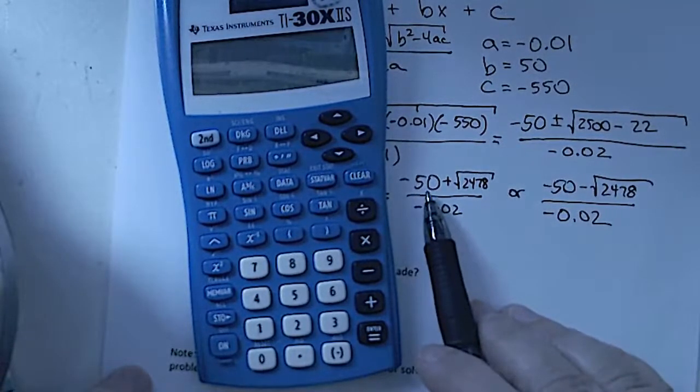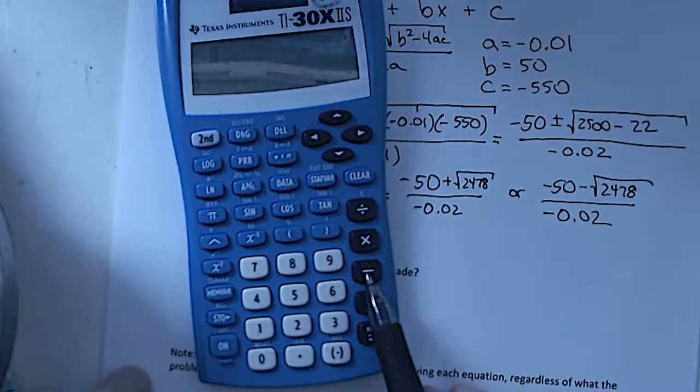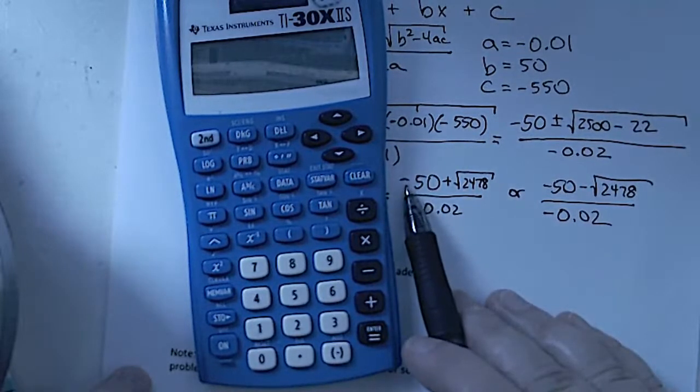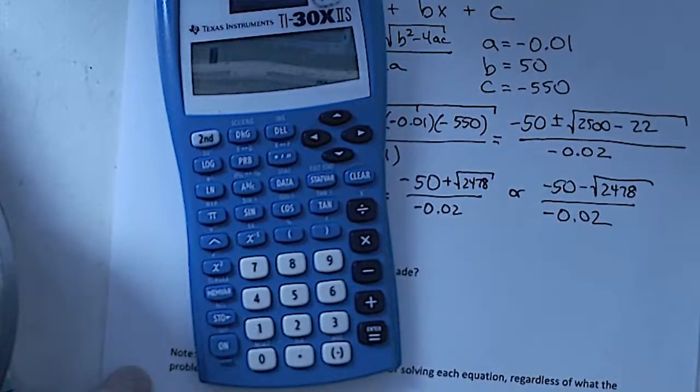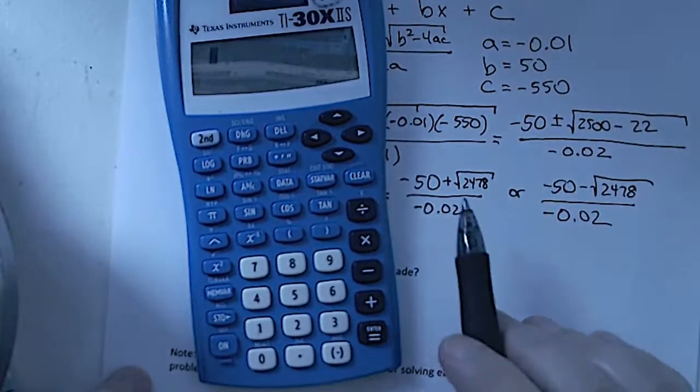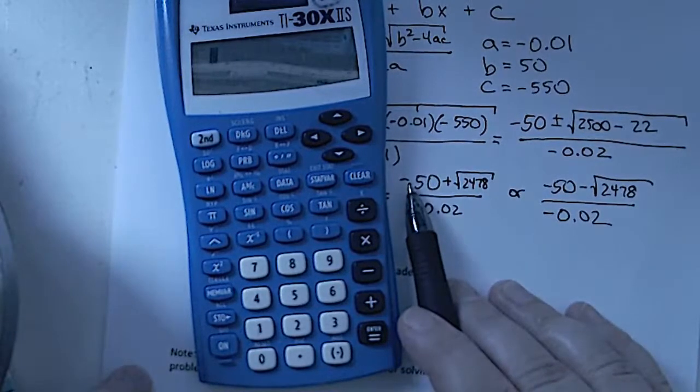Negative 50 right there. In order to put it into calculator, you can't use the regular subtraction. That will confuse the calculator. Humans see a minus and a negative and a subtraction and all the other things that the symbol can mean, they kind of blend together and we just deal with it. But calculators are not that smart, actually.